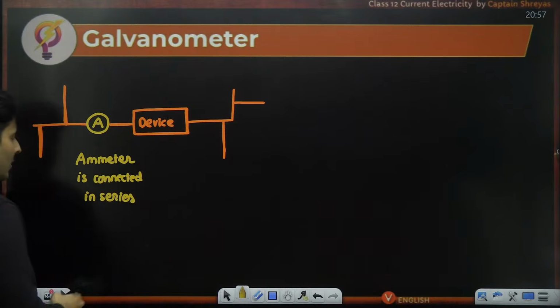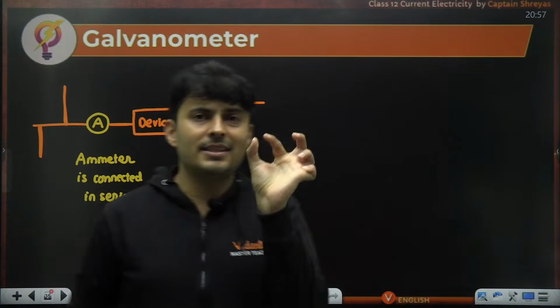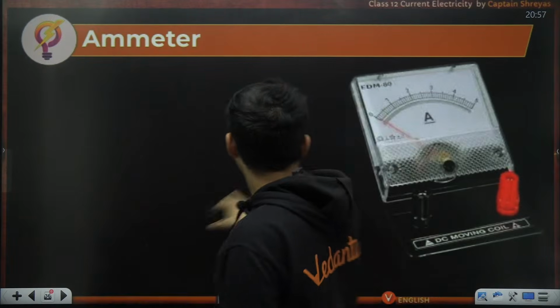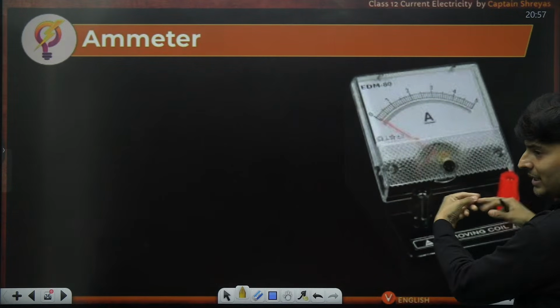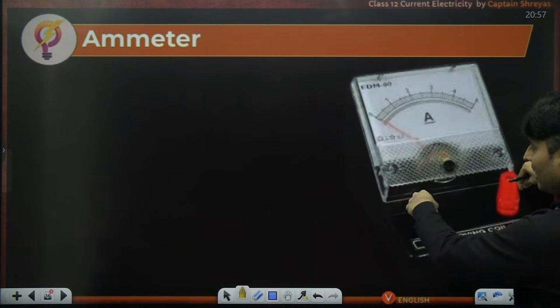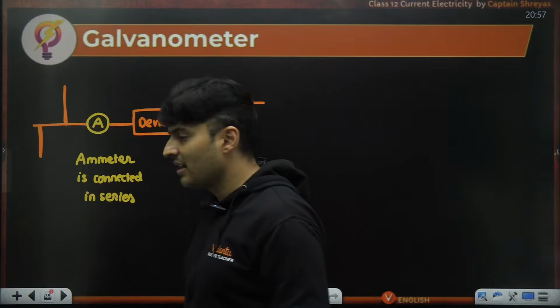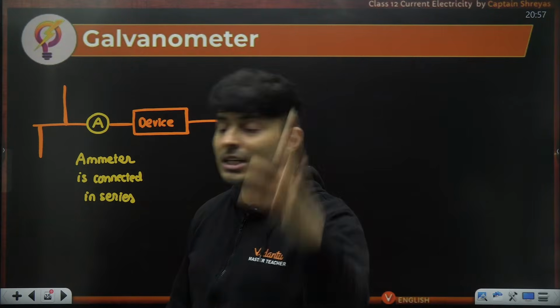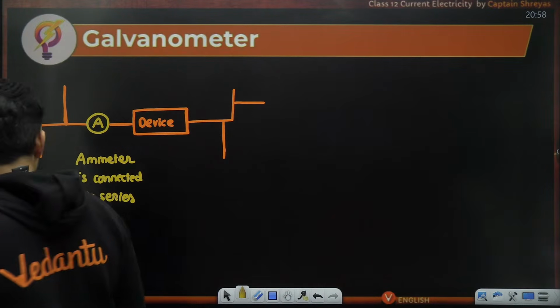If that is the scenario, can you guess what should be the resistance of the ammeter? Because you can see that there are two terminals here. So you cut the wire and you attach one terminal here, one terminal here. So it's in between. So the resistance of the ammeter ideally should be negligible. It should be 0. I hope this is absolutely clear.